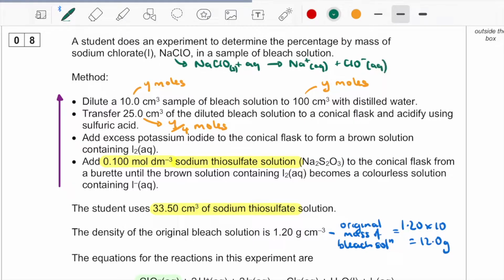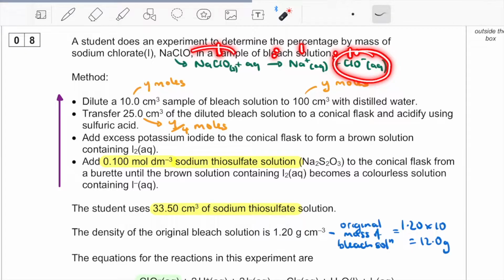And if we look at that, we can see that it's a 1-to-1 ratio. So whatever moles of the chlorate ion I work out, it will be the same as the moles of sodium chlorate originally.